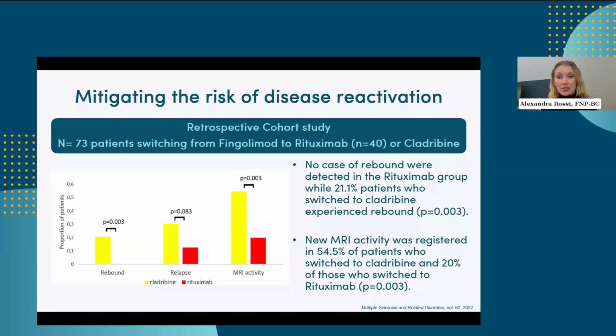In that study, they found no case of rebound in the patients switched to rituximab, while those who were switched to cladribine, which is a different disease-modifying therapy, a reconstitution therapy, rituximab being a B-cell therapy, they found about 21% of patients experienced rebound. And again, on the bottom here, new MRI activity not considered rebound happened in about 54% of patients who switched to cladribine, and in those who switched to the B-cell therapy it was about 30% lower, so 20%.